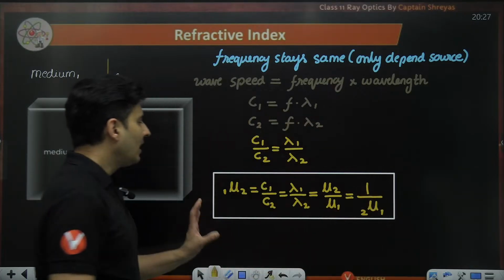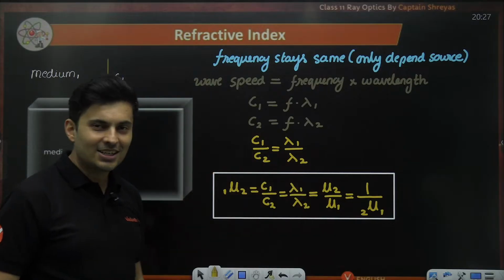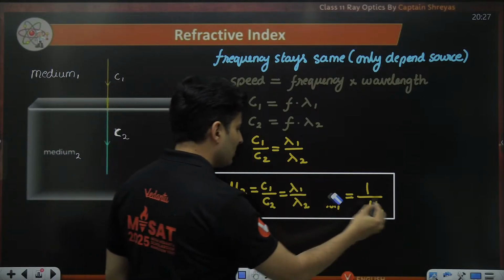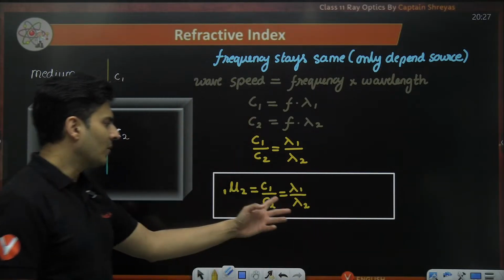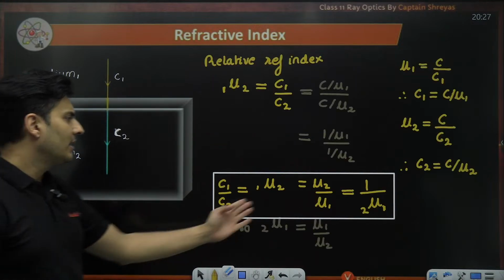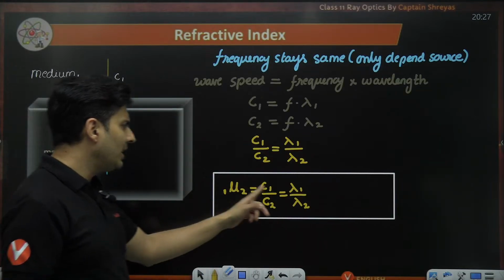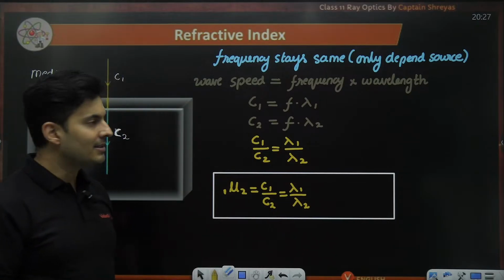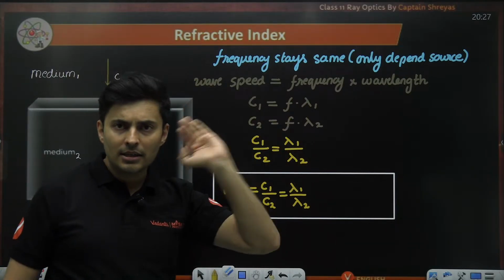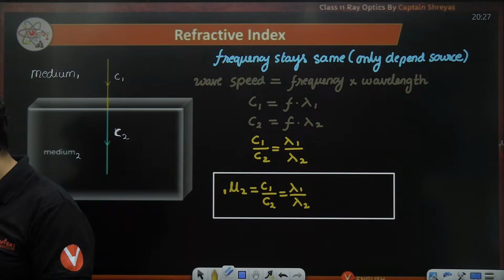This is the more elaborate extended relationship, but if you don't want to be confused, let's just remove it. The other part I have mentioned right over here in terms of refractive indices, but if you want it in terms of speed and just the wavelength, this is the answer. Okay, clear till this point? Absolutely. Okay.